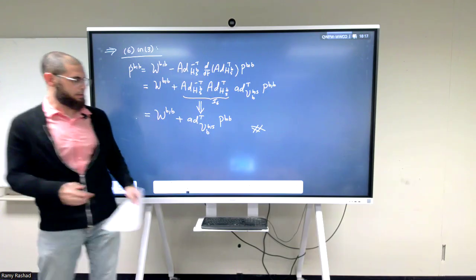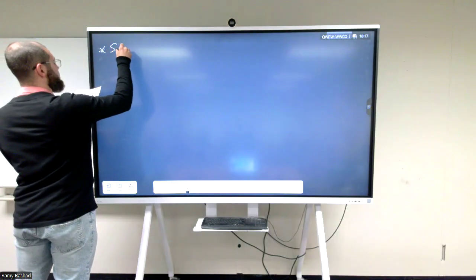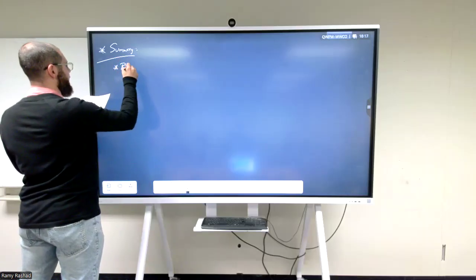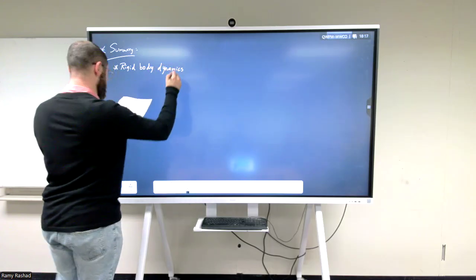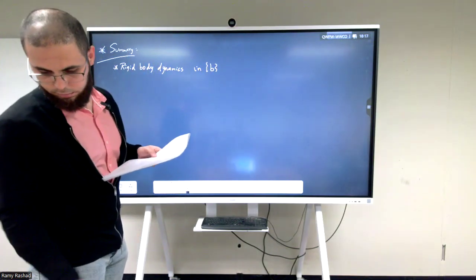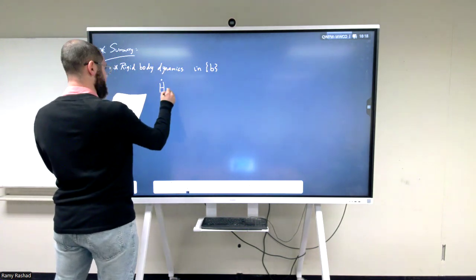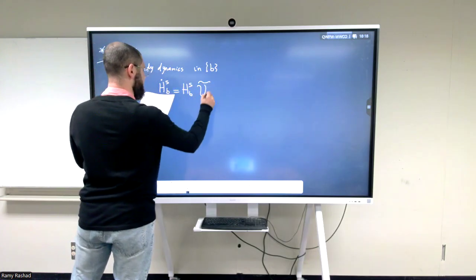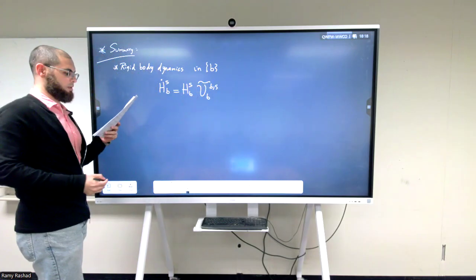Okay. So now let's do a summary. So the summary: the rigid body dynamics in the B frame is given by a kinematic equation that relates H dot to V, B with respect to S expressed in B, so the body twist.